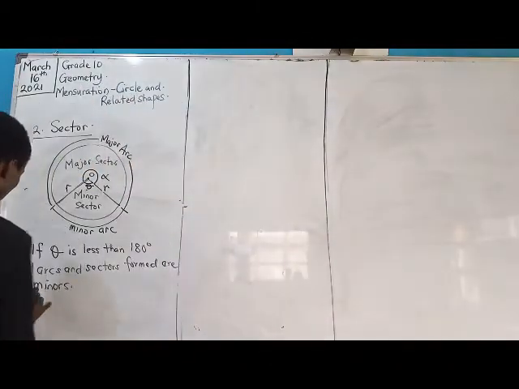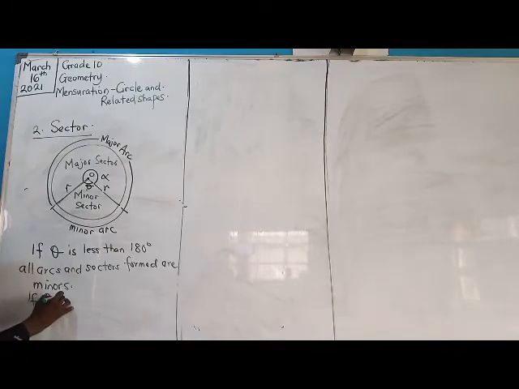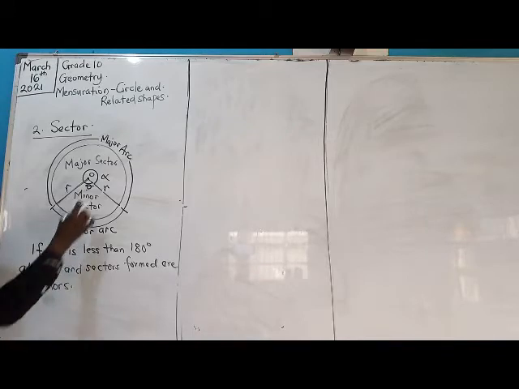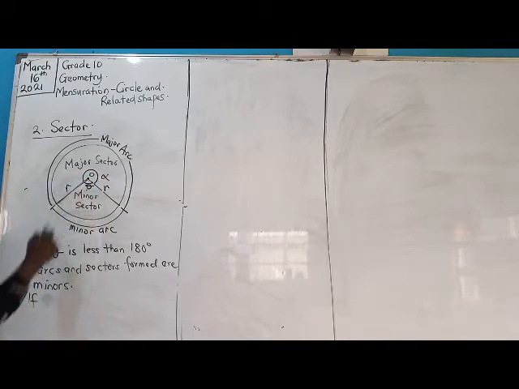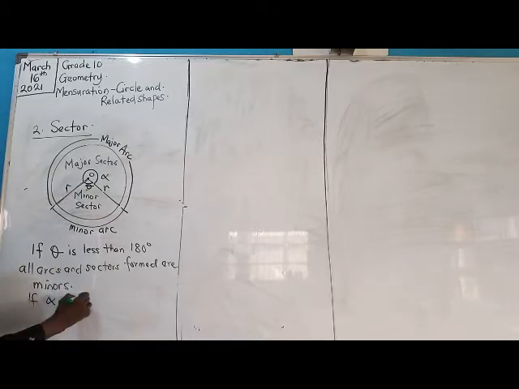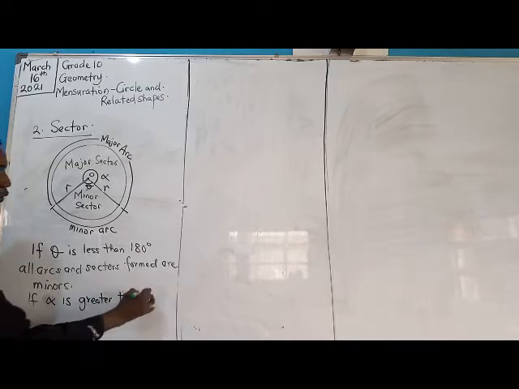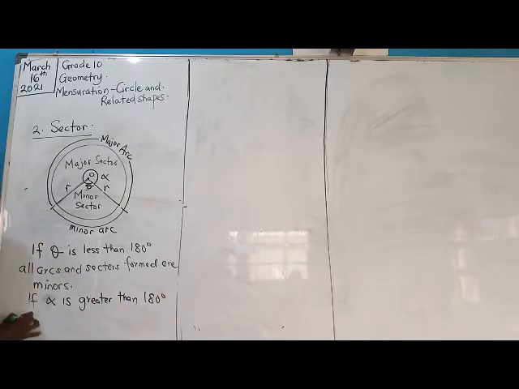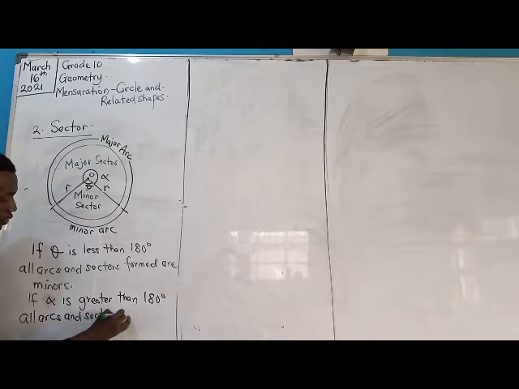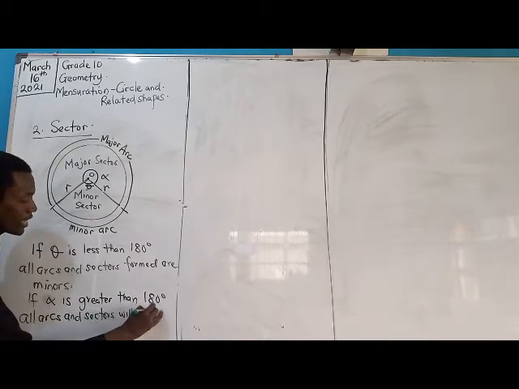Now, but if theta, let me use the diagram. Using the diagram on the board, if alpha is greater than 180 degrees, all arcs and sectors will be major.